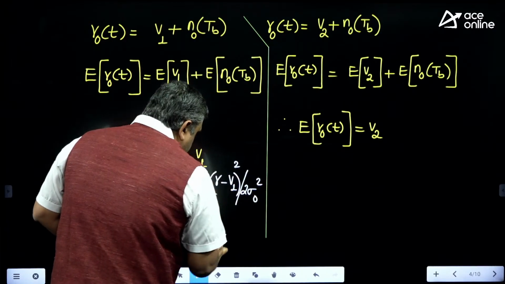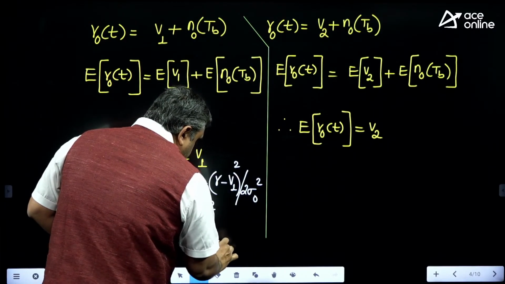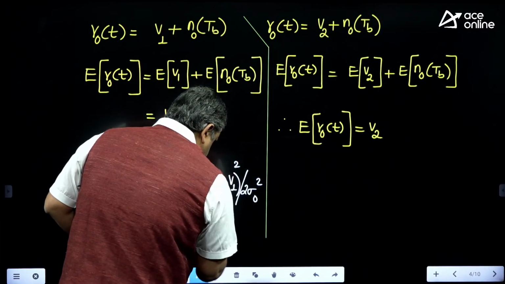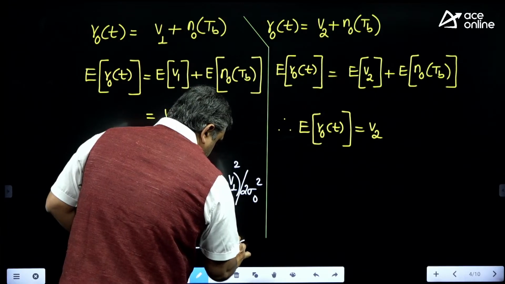Here R can be any value of your received voltage, anywhere from minus infinity to plus infinity.